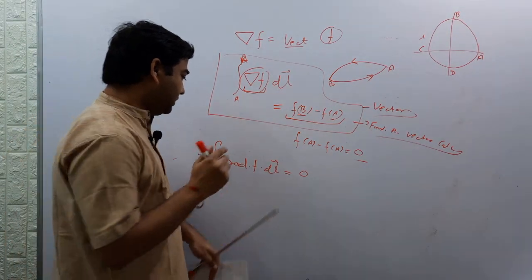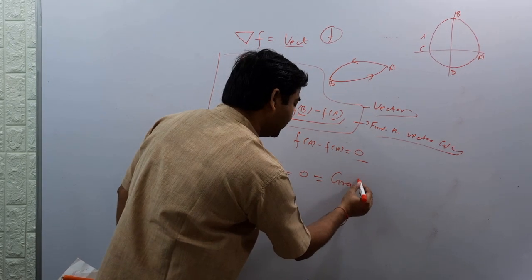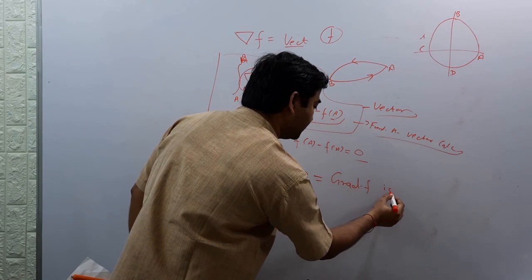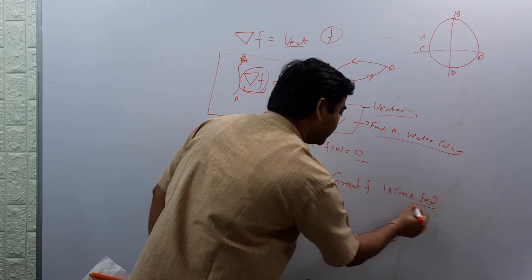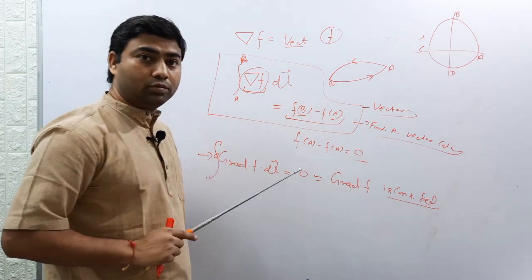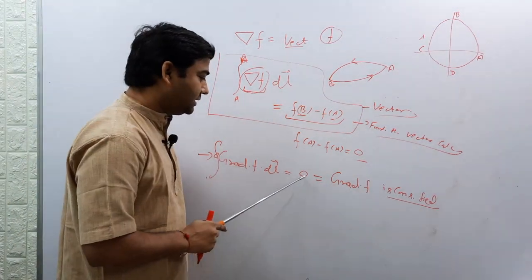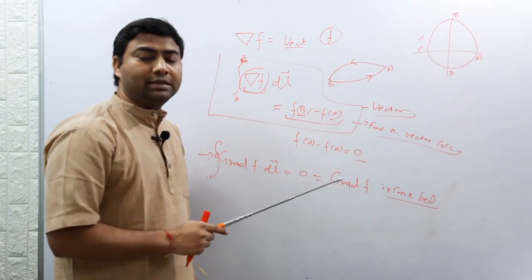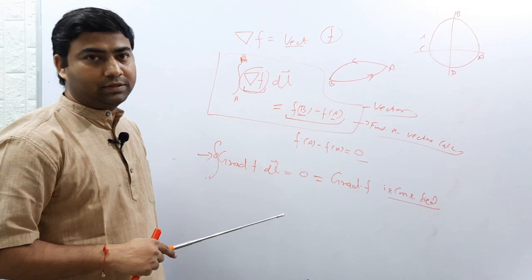This means that the gradient of f is a conservative field, because its circulation is 0. The circulation of a gradient function is 0. That means the gradient of a function is a vector field which is a conservative vector field.